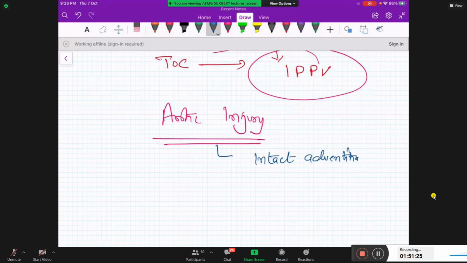So these patients who reach the emergency room need to be investigated immediately. They need to be suspected immediately, because if you don't suspect them and don't investigate them, you can lose them at any time.